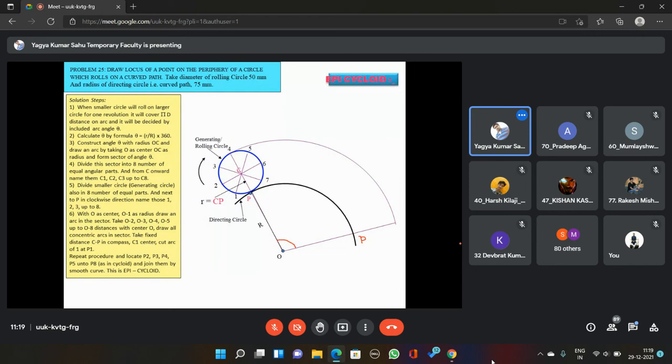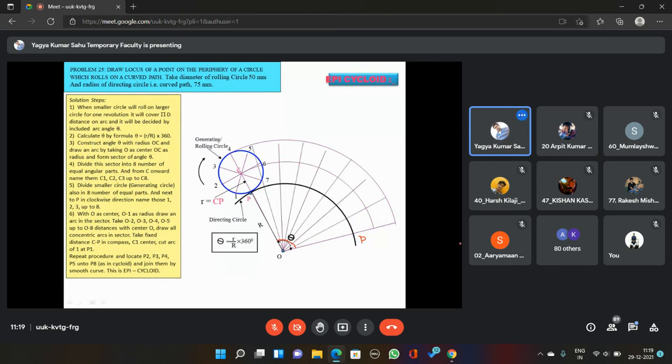If you want to divide into two equal parts, bisect that angle 125 first, then bisect the one portion. Yes or no? Okay. So properly divide this arc into 8 number of equal parts.